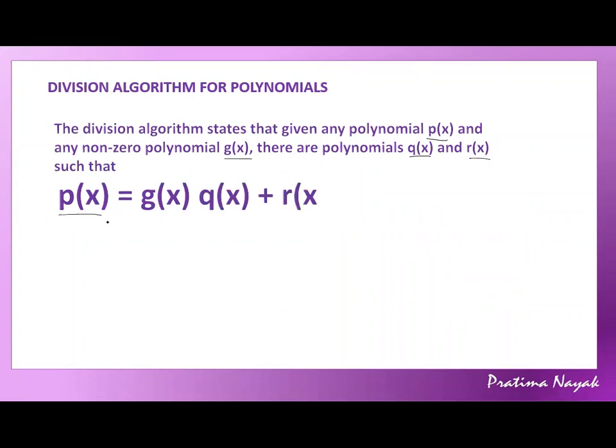So dividend is equal to divisor into quotient plus remainder. The remainder is also a polynomial. Either it is 0 or the degree of the remainder polynomial is less than the degree of the divisor. I hope you have understood the concept. Then we'll go for the question.